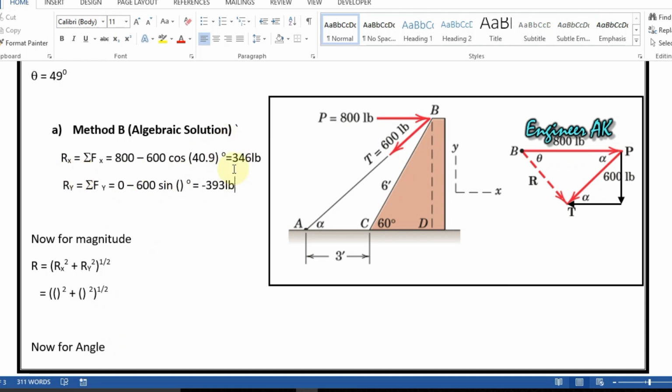We will take the square of both components and then take the square root of it, so we will get the magnitude. Here I have written Rx square plus Ry square whole under the root, to the power 1 over 2.